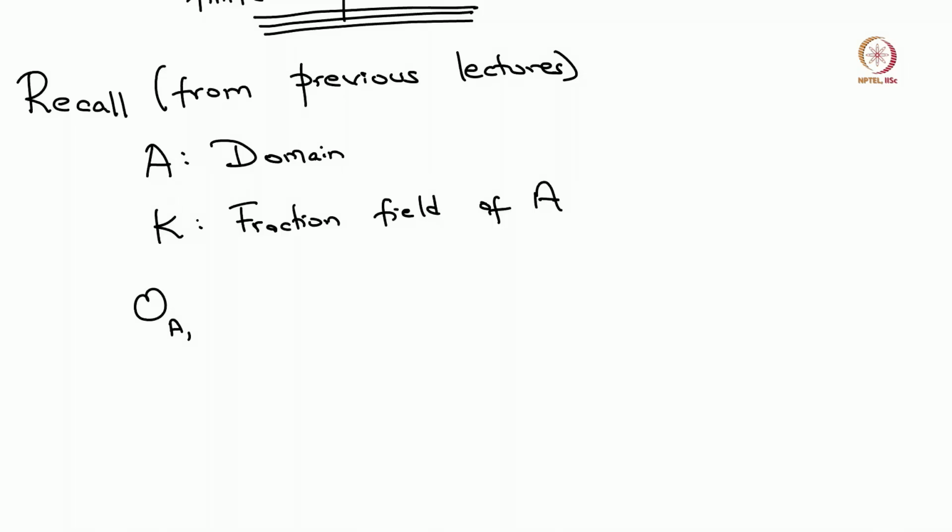So just to emphasize the ambient field, I'm also going to put the ambient field in the notation, O_{A,K}. This is the set of elements of K that are integral over A.